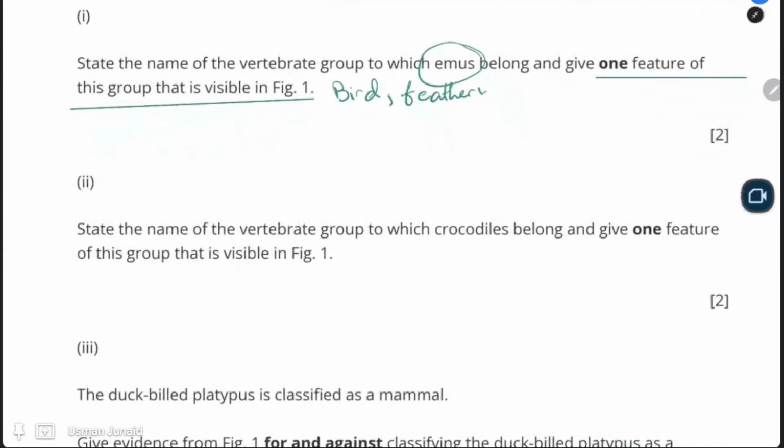State the name of the vertebrate group which crocodiles belong to and give one feature of this group. What does a crocodile belong to? What group does it belong to?